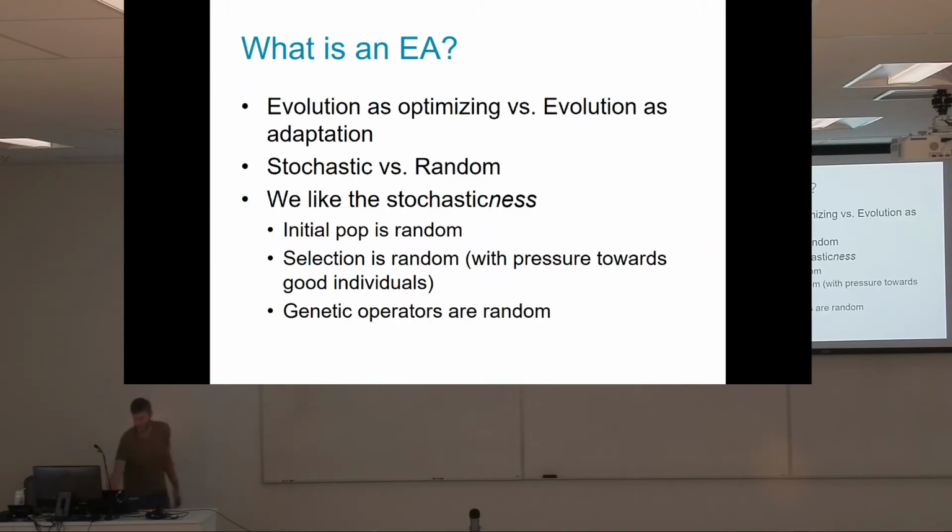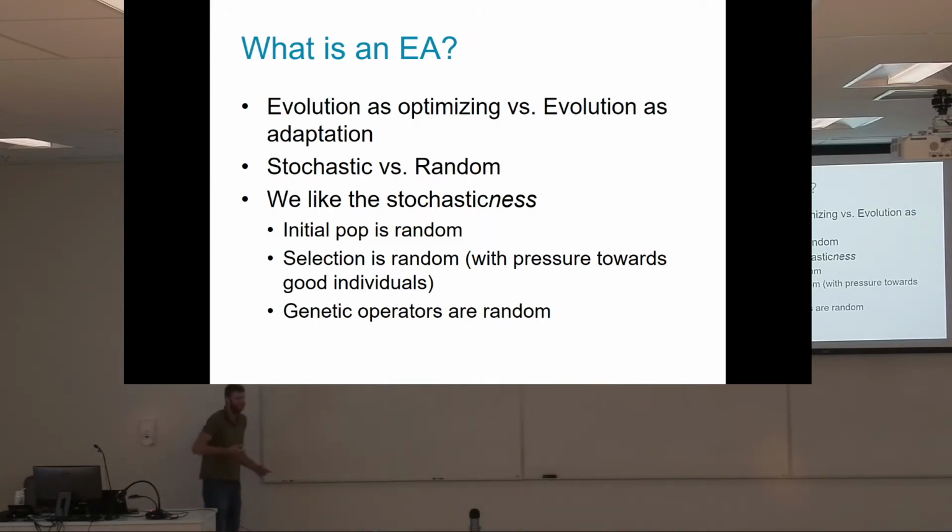And evolution is adaptation versus optimizing. It may be a nuance that doesn't really make any difference. But you can think of, well, we're using evolution to optimize the order of permutations, to find the shortest path for TSP, okay?